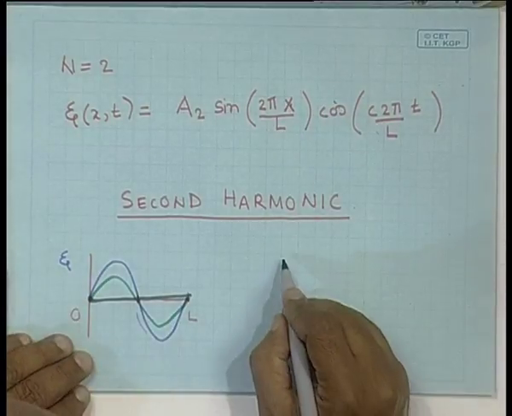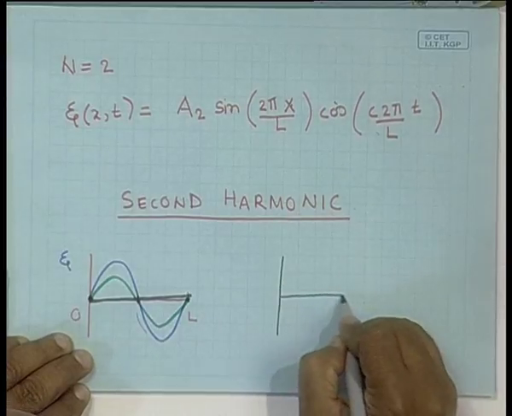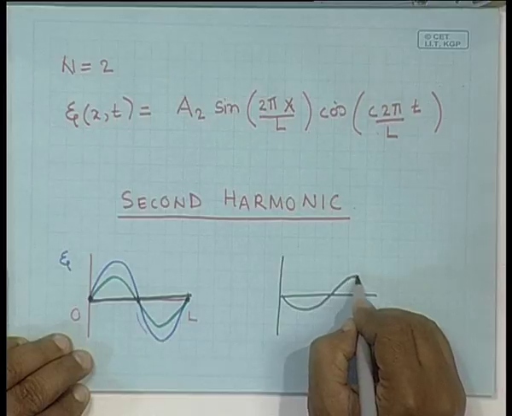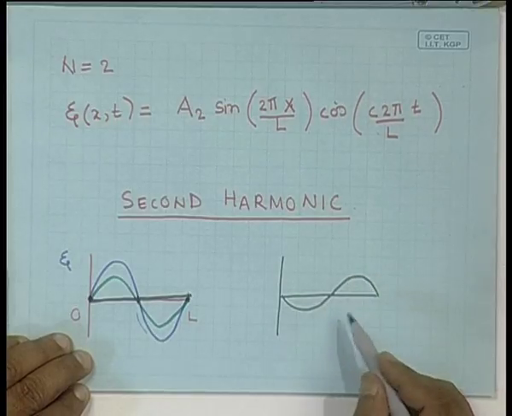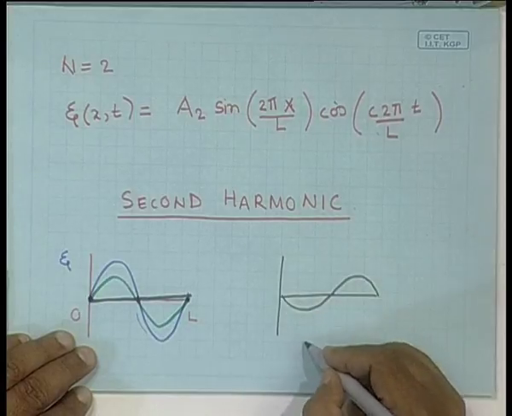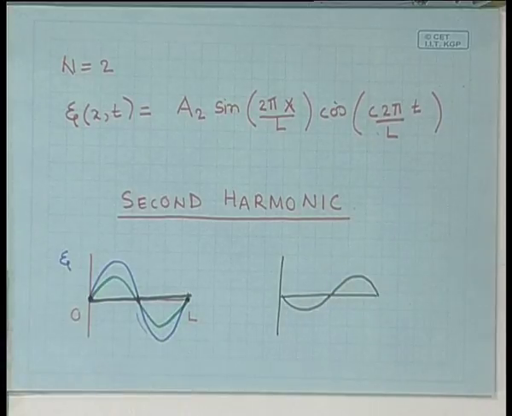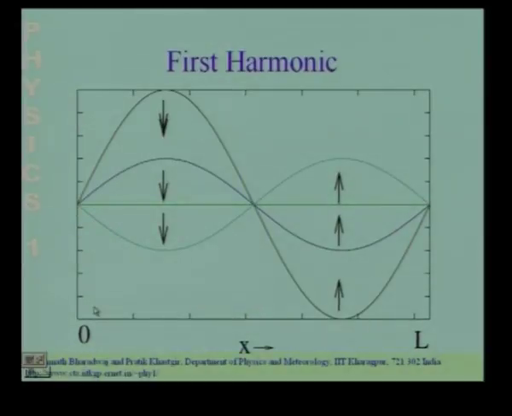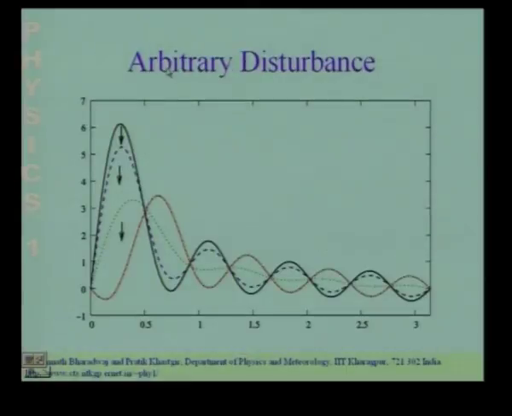So, the string is going to appear like this, and then with further increase of time it is going to get more negative, and you will have this pattern repeating itself. So, let me show you what this looks like.